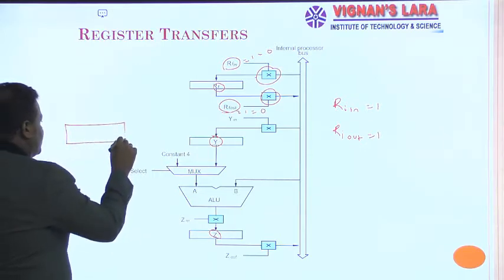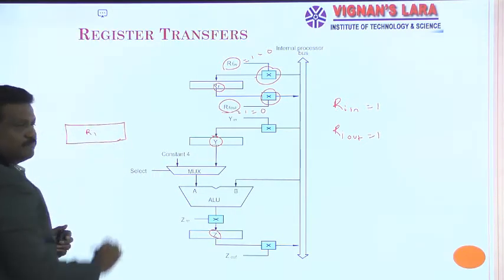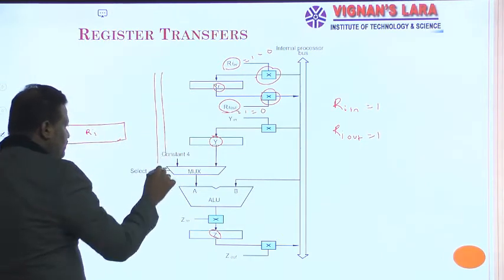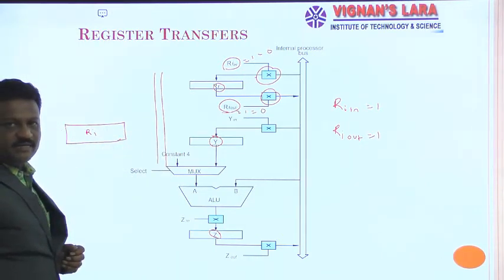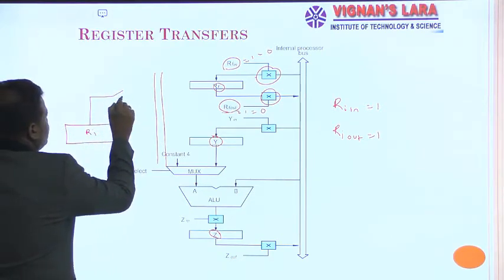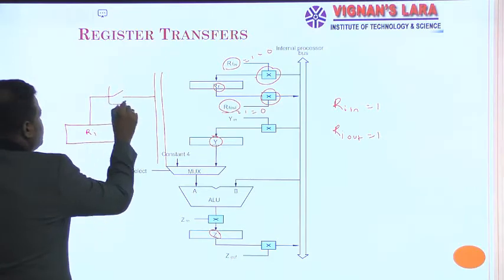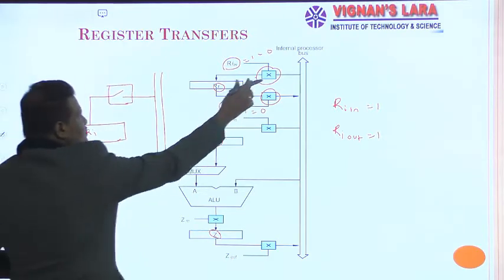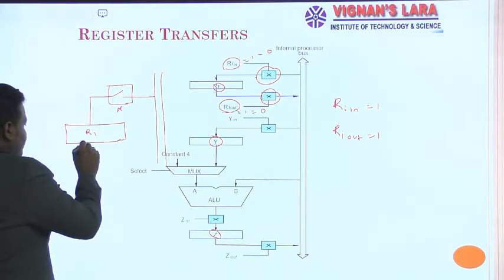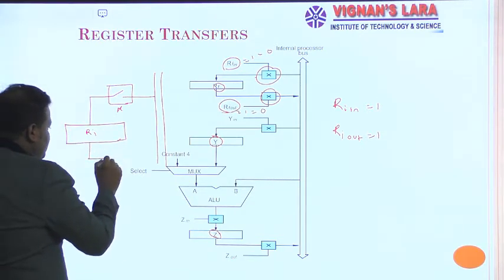This is my register Ri. Here I have an internal bus. This is my control logic, and there is also a switch here. This is my control logic, and this is my X. Similarly, here again I have the same type of arrangement.